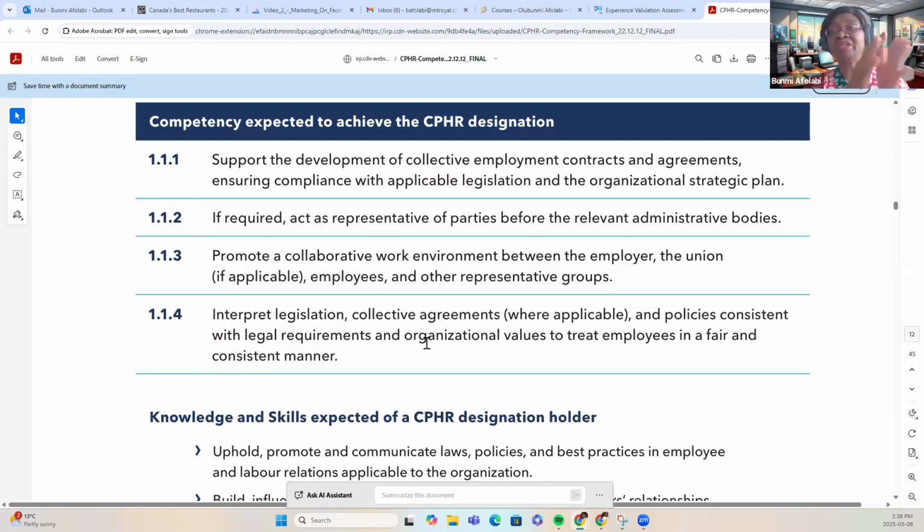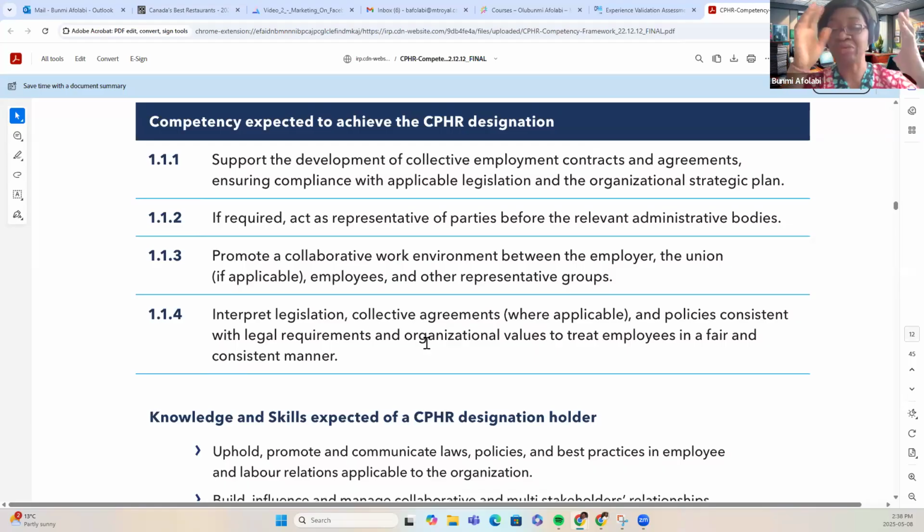So essentially, if you wanted to speak to this competency, you need to look for an example. Now, backtrack a bit. In submitting your EVA, what they want is for you to submit examples or scenarios where you have worked, things that you have done that show your competency in the specific areas.